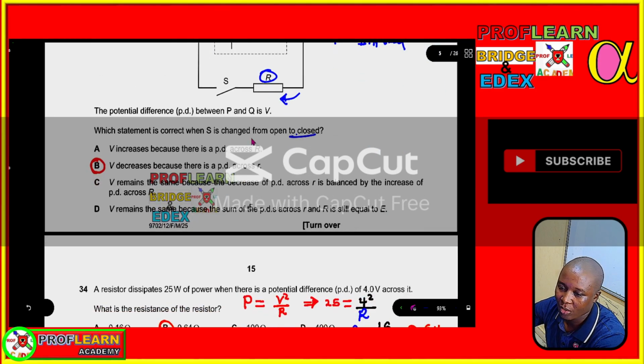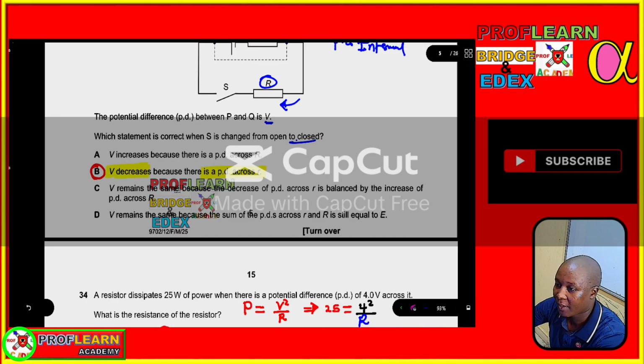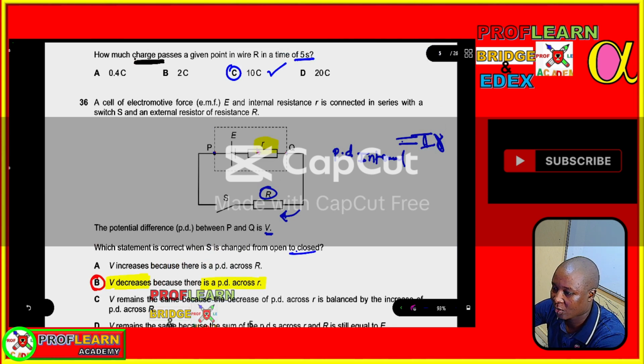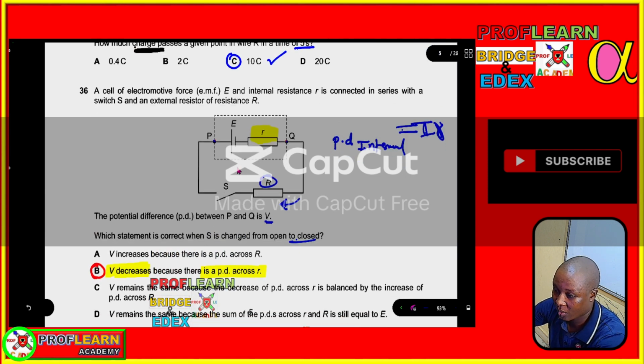So in that case, we're going to say V decreases because there is a potential drop across the internal resistor.